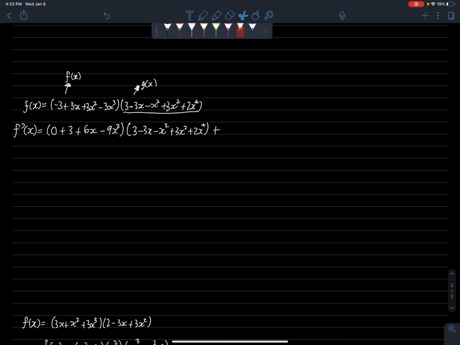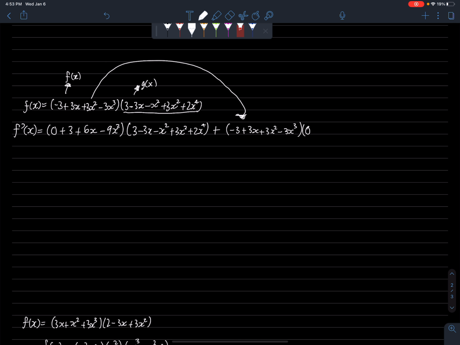Now we're just going to bring this function, just put it here, because remember, it was f prime of x times g of x plus g prime of x times f of x. So negative 3 plus 3x plus 3x squared minus 3x cubed times the derivative of this one.